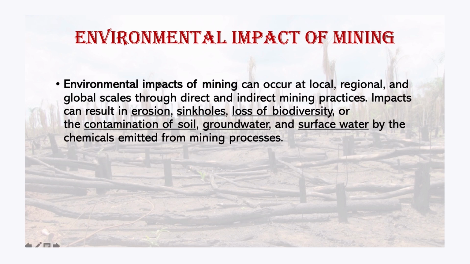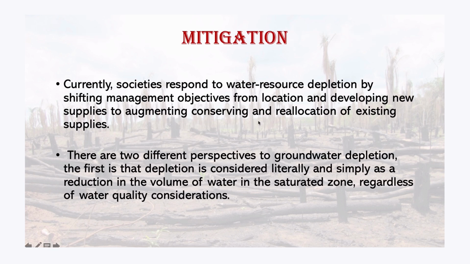There is an environmental impact of mining also, which can occur at local, regional and global scales through direct and indirect mining practices. Impacts can result in erosion, sinkholes, loss of biodiversity, contamination of soil and groundwater, etc. So we have to look for mitigation.